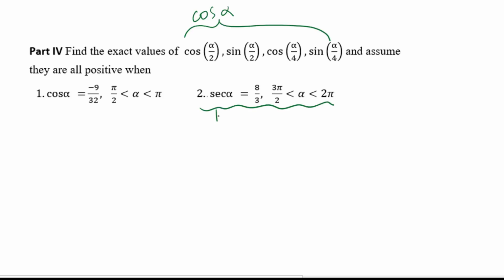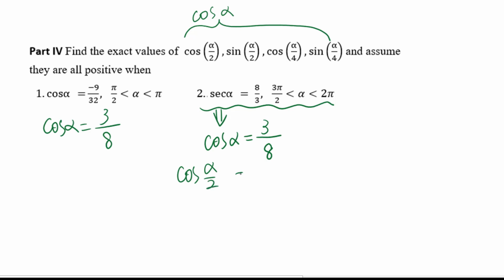For number 2, you will get cosine alpha as the reciprocal of secant alpha. That is 3 over 8. Cosine alpha over 2 equals, we'll assume all this is positive, so we will get square root of 1 plus cosine alpha over 2. So we plug in.